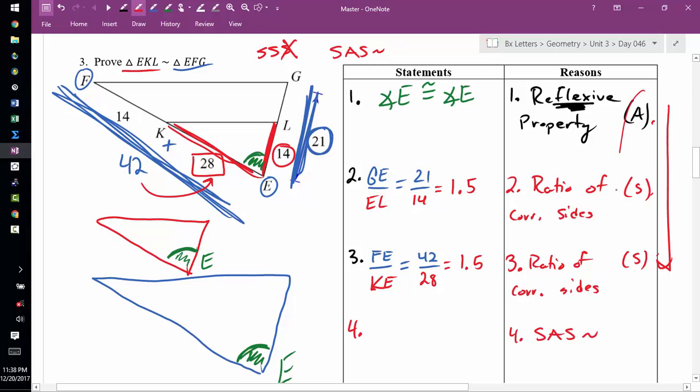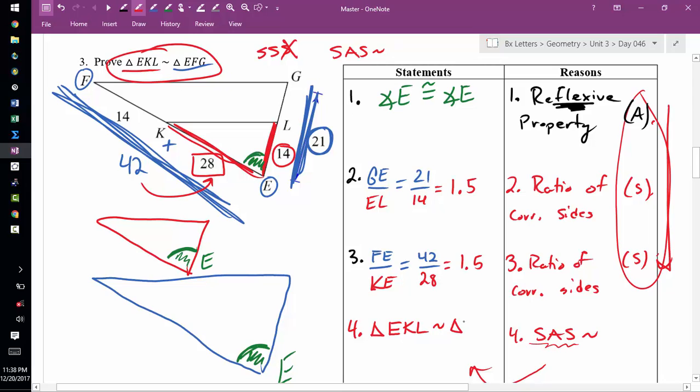So no matter how you write up the order of it, you always have to refer to it as the side angle side similarity postulate. And that lets me conclude what they asked me to prove, that the triangles are similar, that EKL is similar to triangle EFG. Awesome. See you in the next one.